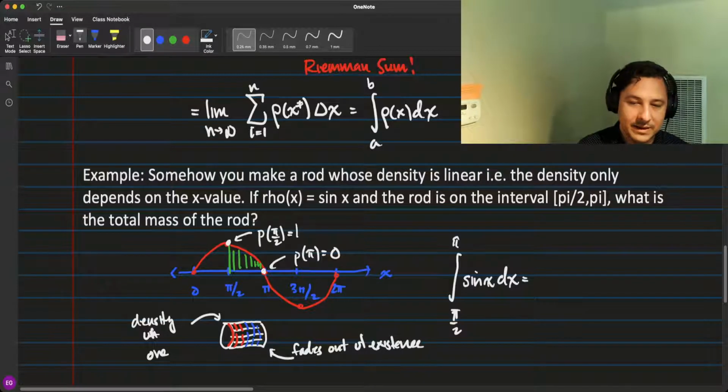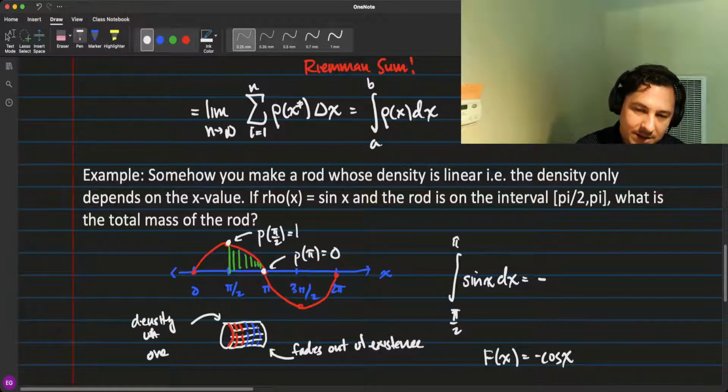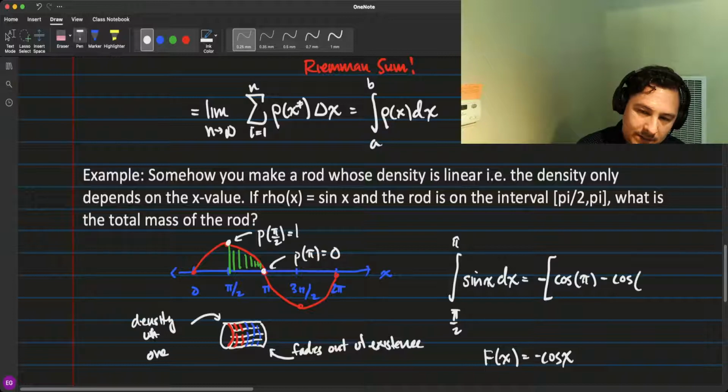And what's the antiderivative of sine? It's a minus cosine. So you could factor out a minus, and you get minus cosine of pi minus cosine of pi over 2.